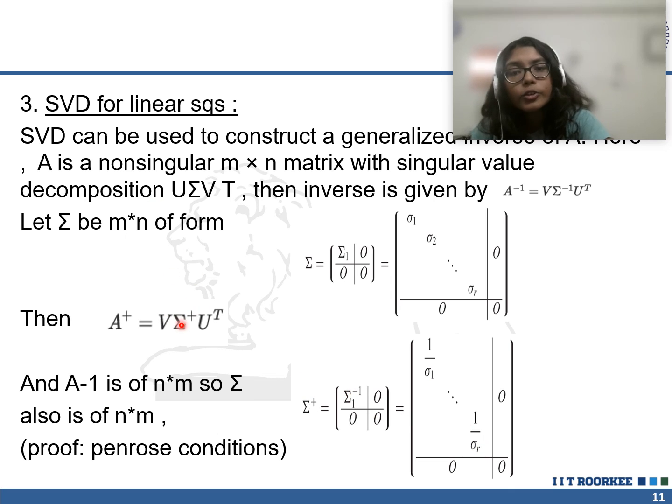Also note that V is of order N into N, sigma inverse is N into M, and U transpose is M into M, so A inverse is of order N into M. In this way, from SVD for least squares, you find the inverse of A.